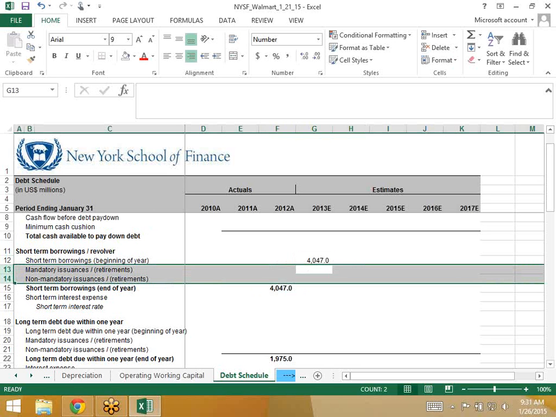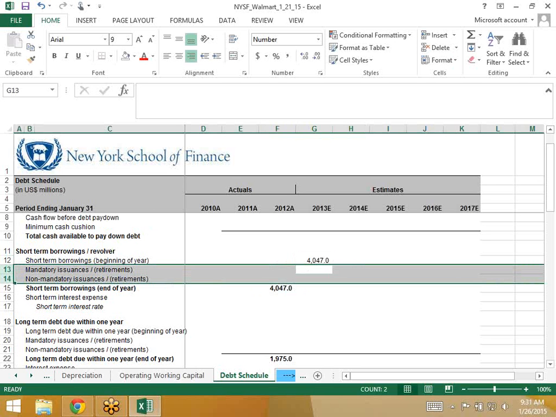We separate the two for a mechanical reason. There are mandatory issuances and non-mandatory issuances. The mandatory ones are known as the principal payments, which have been contracted as necessary to be paid down year after year. You raise a long-term debt of which, let's say, $1 billion is required to be paid down each year. That's contractual, that cannot be changed. That's mandatory.